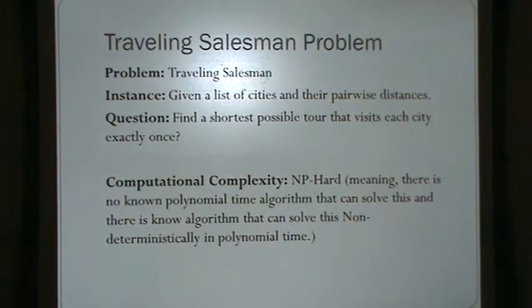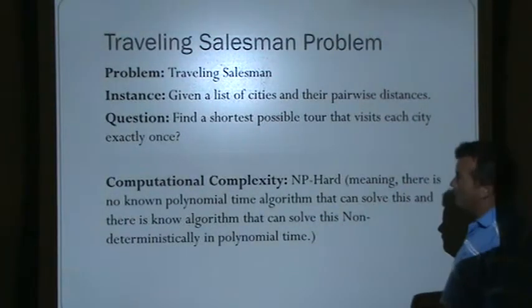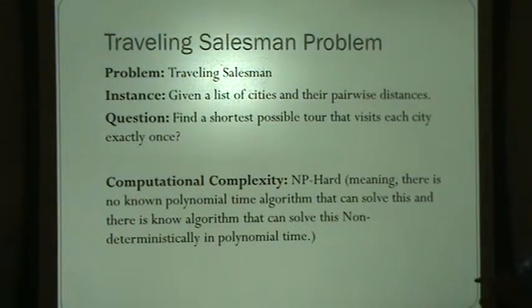And you're asked the question, can you travel around the graph in such a way that you visit every city exactly once and do it in the shortest amount of time? So they call it the traveling salesman problem. So if you're like a salesman who has to go to New York and Chicago and San Francisco, and you have to hit every city at least once, and you want to do it the cheapest way of traveling, what's the quickest way to hit all cities at least once?